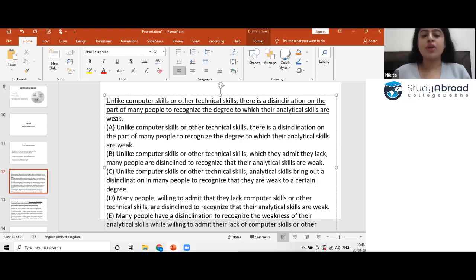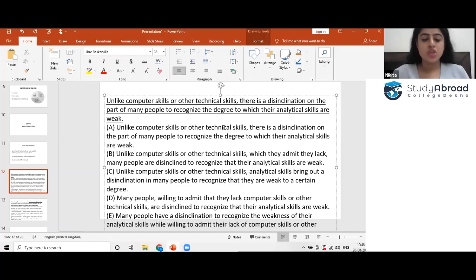Now, students, what you need to know is that a comparison is happening over here, right? Unlike computer skills or technical skills. Now you need to know that when you are comparing two things, the second part has to be present. I mean, what are you comparing with what? So if you view this question from this angle, you'll come to know that computer skills or technical skills need to be compared with the analytical skills right away.